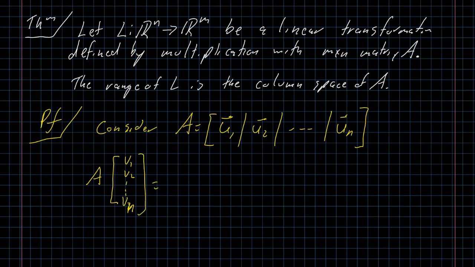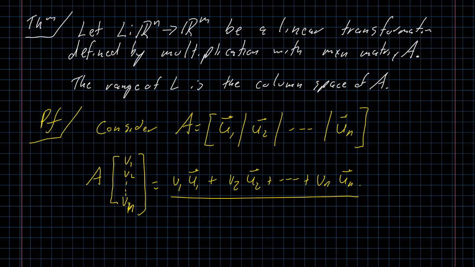We've seen in the past that matrix multiplication times a vector is going to give us a linear combination of the columns. And a linear combination of the columns is something in the column space of the matrix.